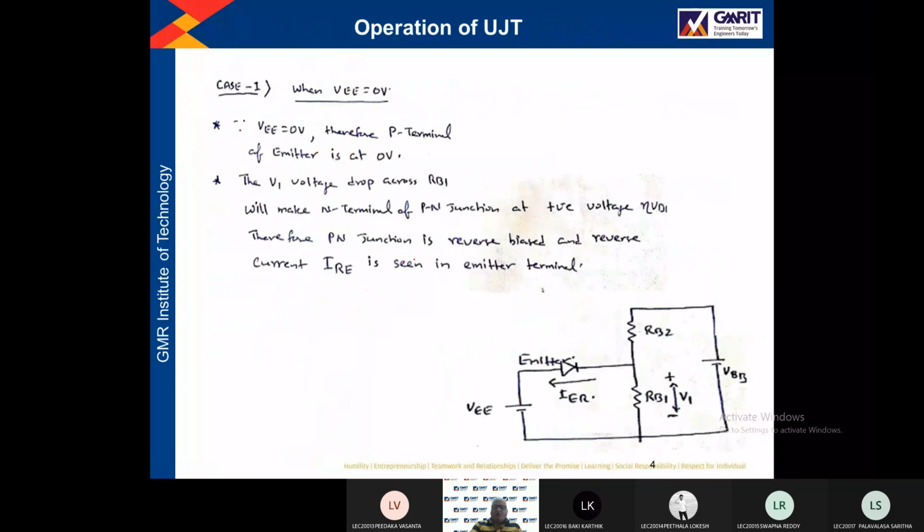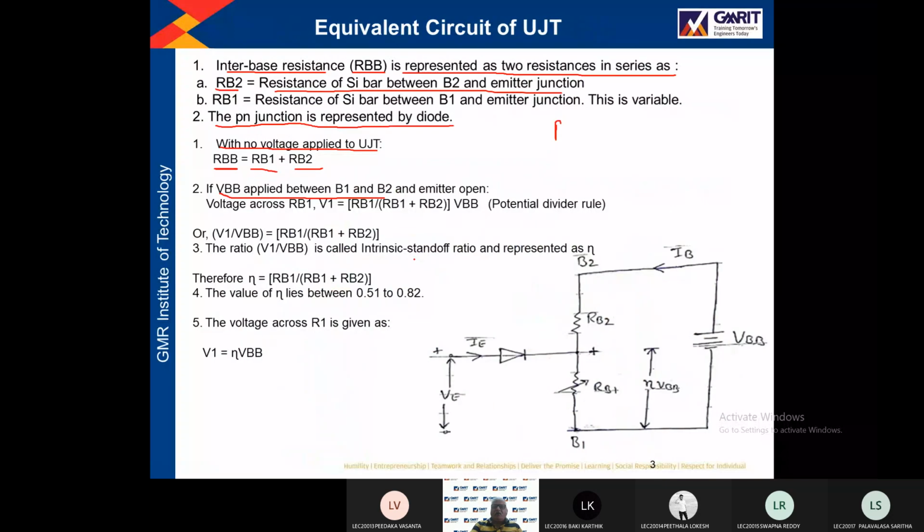Now you can see in this diagram, this is the B2 terminal, this is the B1 terminal. VBB is applied. This diode represents the PN junction, and this is the emitter terminal.